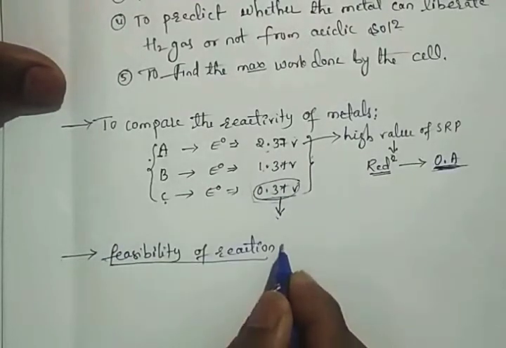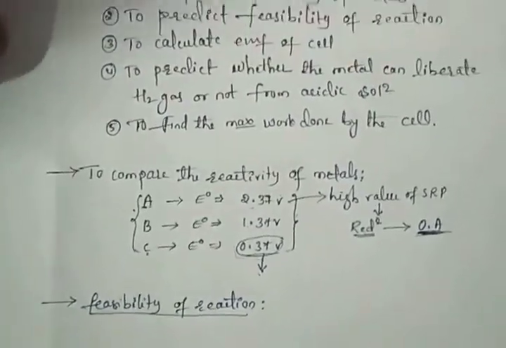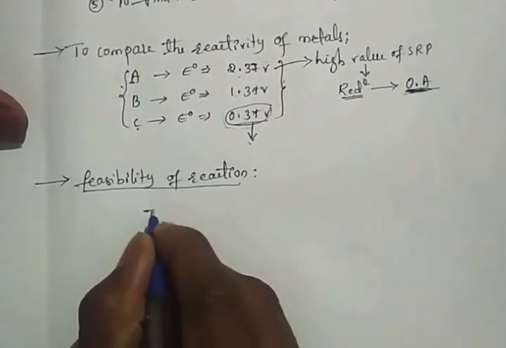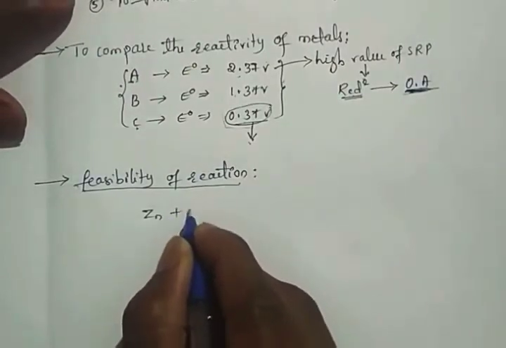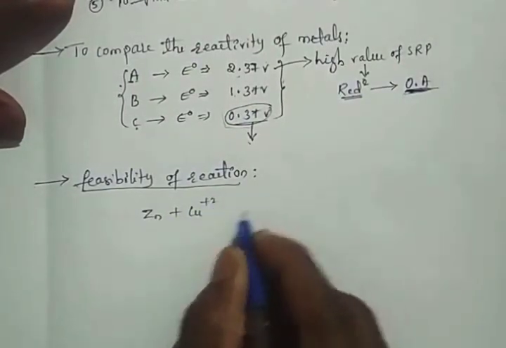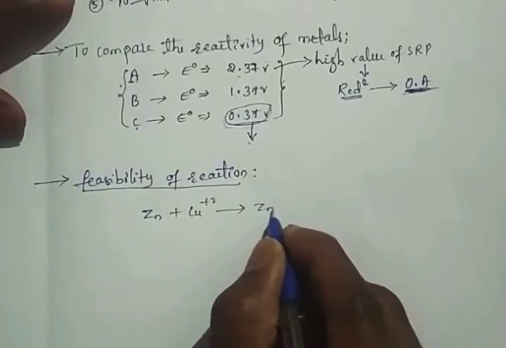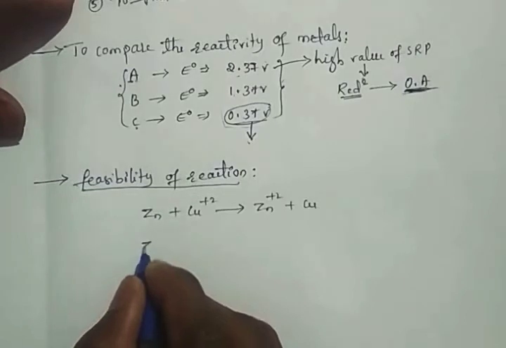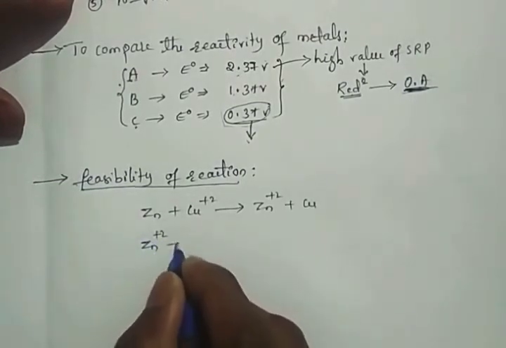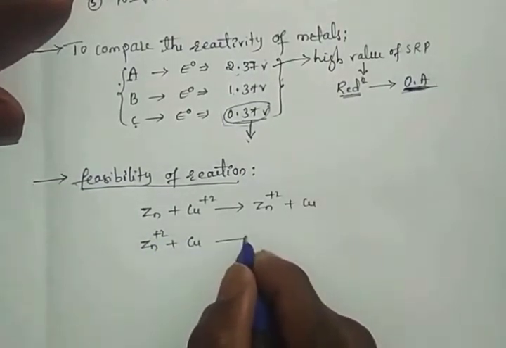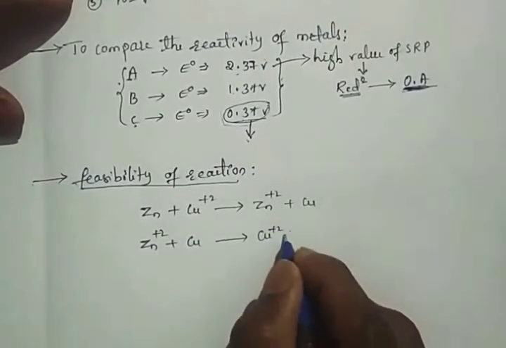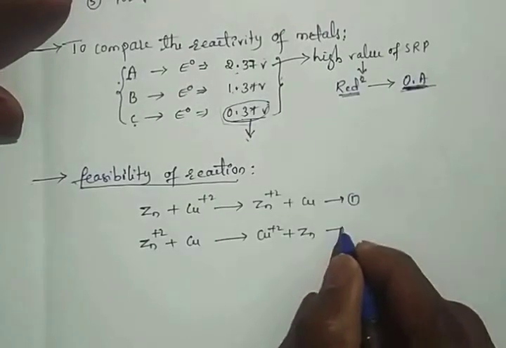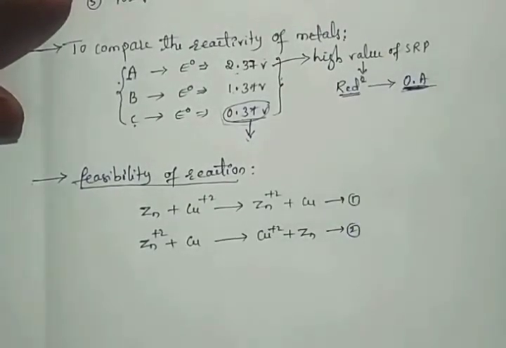First I will consider a simple, well-known example: Zn plus Cu2+ gives Zn2+ plus Cu. This is one reaction, and the second reaction is Zn2+ plus Cu gives Cu2+ plus Zn. Among these two reactions, which reaction is feasible in the given direction?